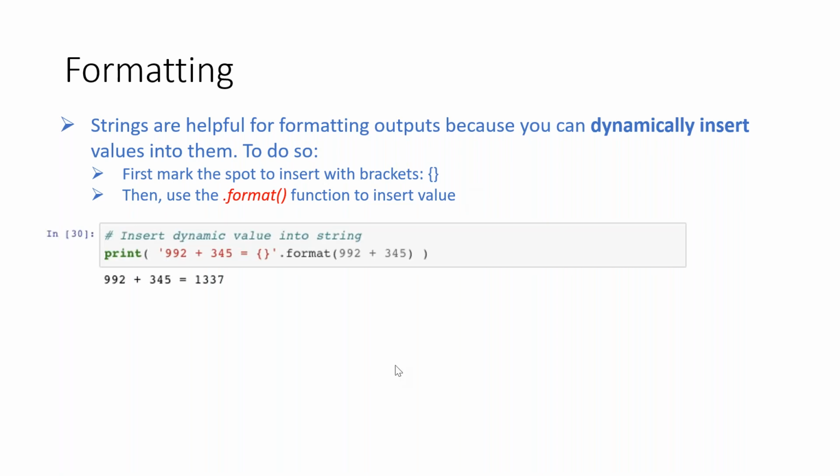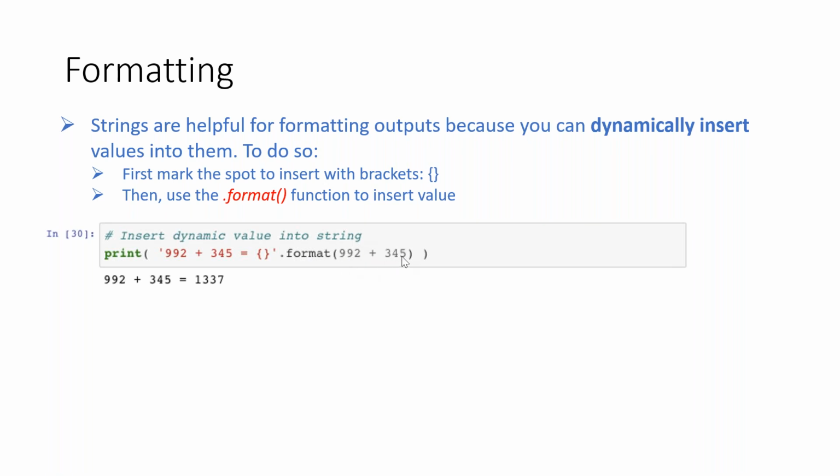Let us see this. My string here is single quote 992 plus 345 equal to, and here I am putting a placeholder. I tell Python it's a placeholder by using two braces. Then I end my string. On this string I apply a built-in function called format, and in that format I am passing one argument, that is 992 plus 345.